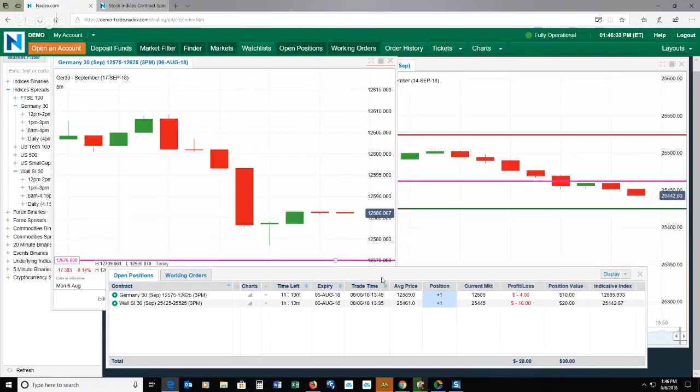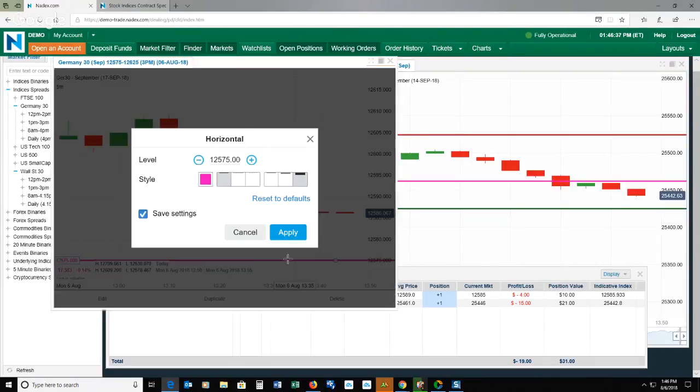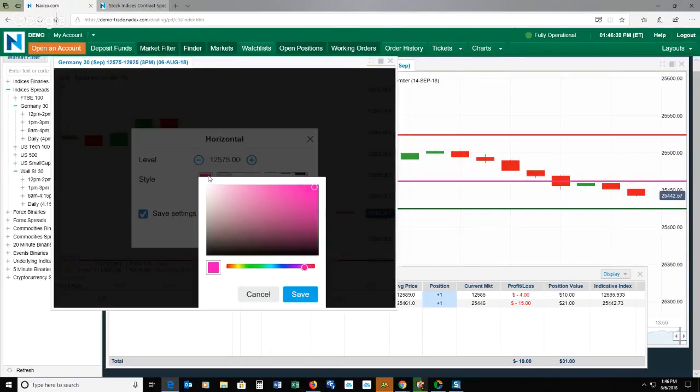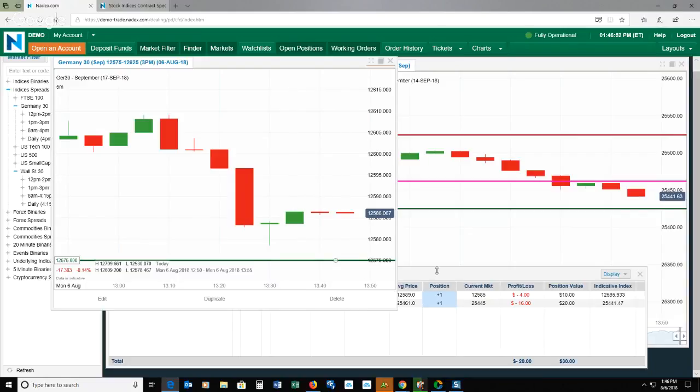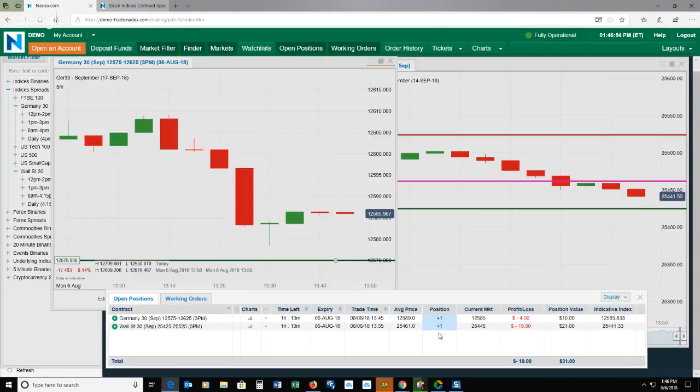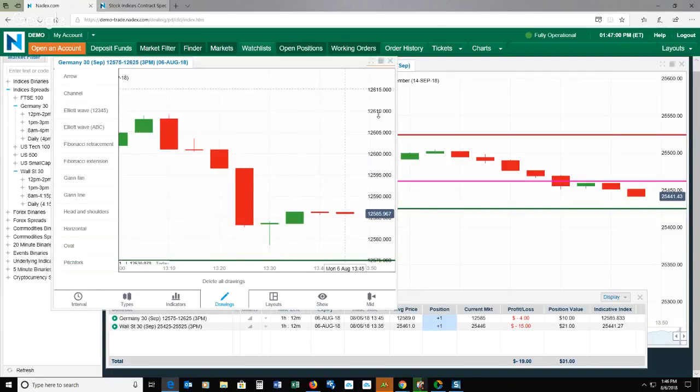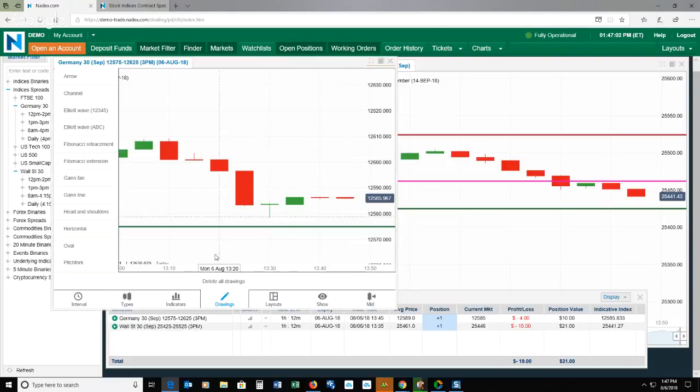I believe that's where it was. Yep. And we're just going to make this blue. No, I think it was green. And the top is 12625. So now I'm going to have to shrink this down to get the next one on here.